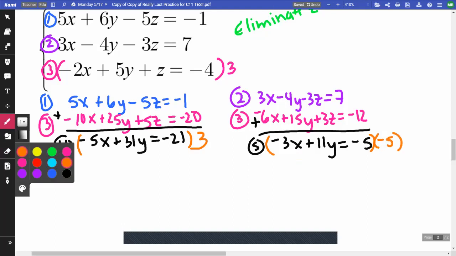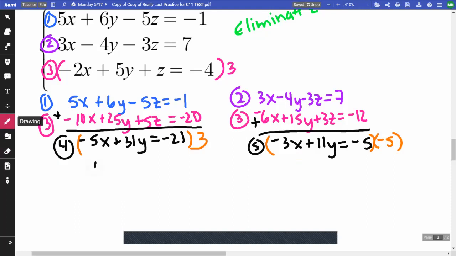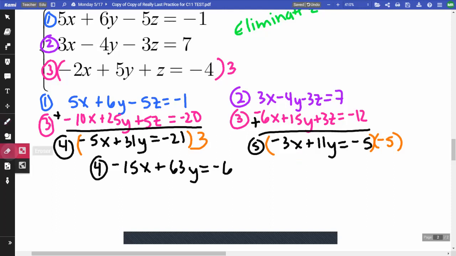So my new equation 4 is going to be a negative 15x plus 93y is equal to a negative 63.